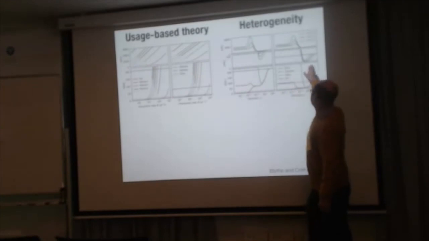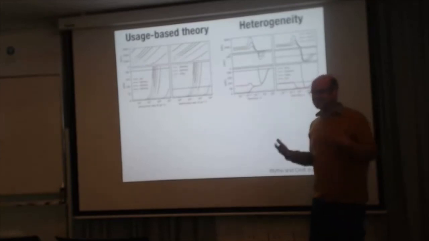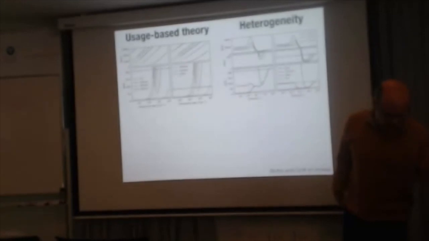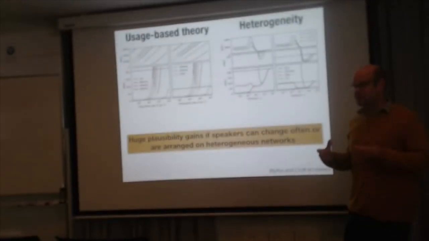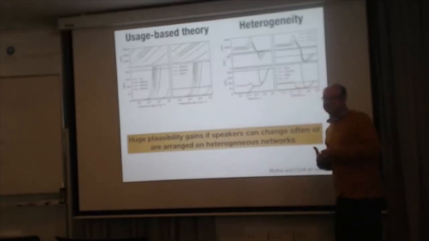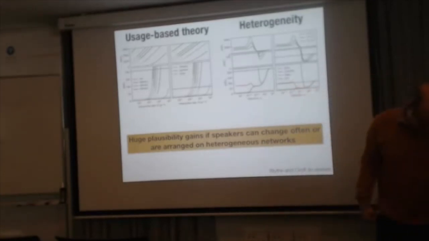So this grey zone here is the zone where you get things which look more like the Poisson process, and you find that if we combine these two effects, allow people to be a bit forgetful, put them in heterogeneous societies, then you can get things where the plausibility and also the goodness of fit is much more reassuring. So why?